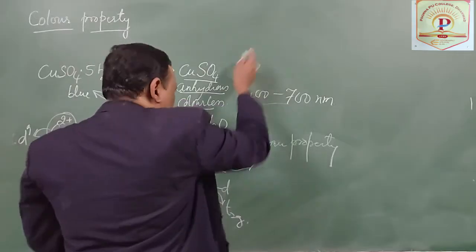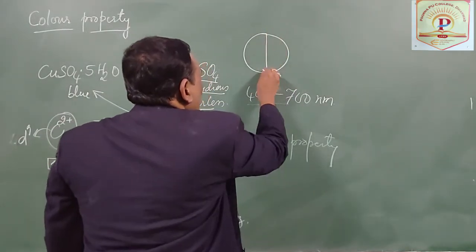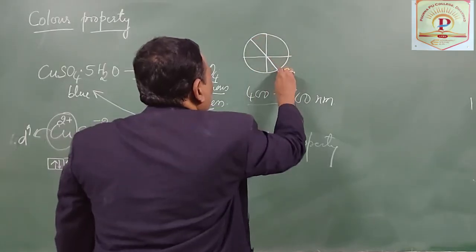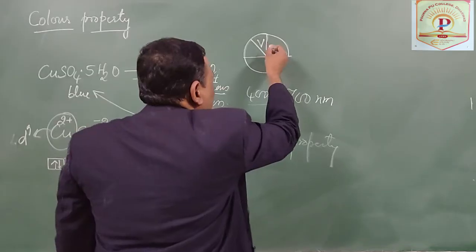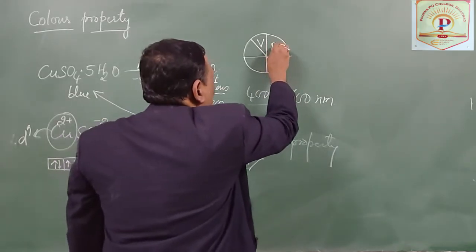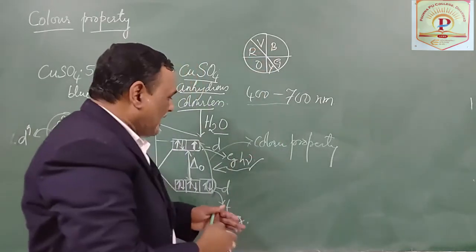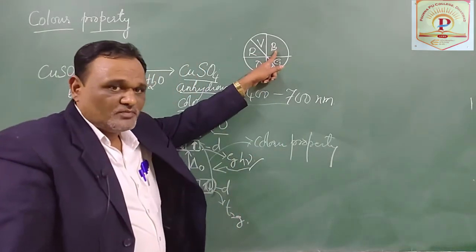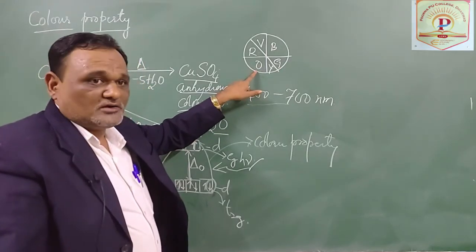If you look at the color wheel you studied in the lower class, VIBGYOR, I will ignore indigo. So I am seeing the blue color, that means the color absorbed is the orange color.